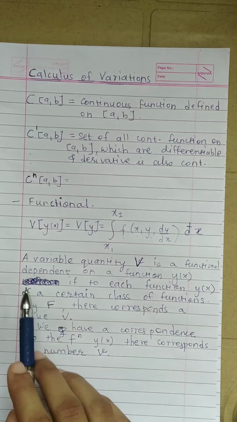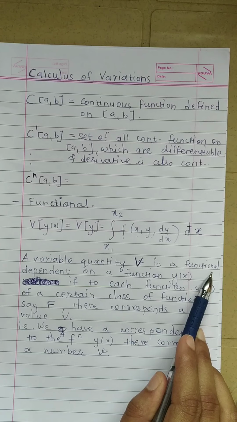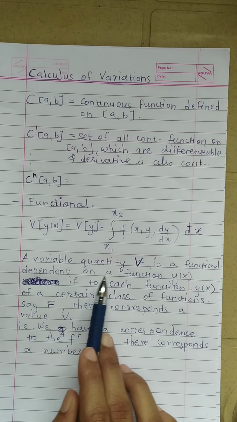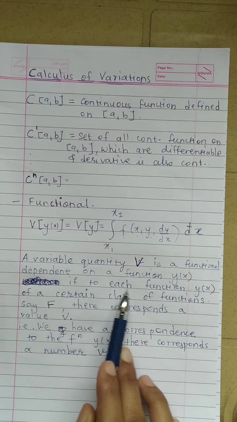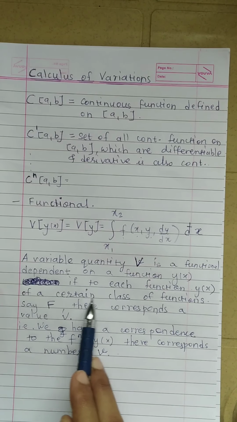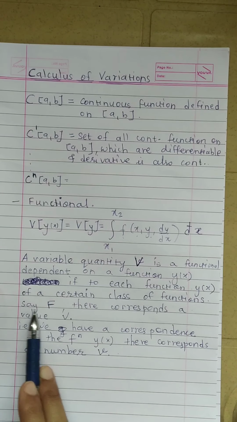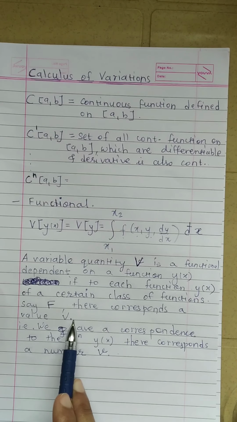So here a variable quantity v is a functional dependent on a function y of x if to each function y of x of a certain class of functions, say F, there corresponds a value v.